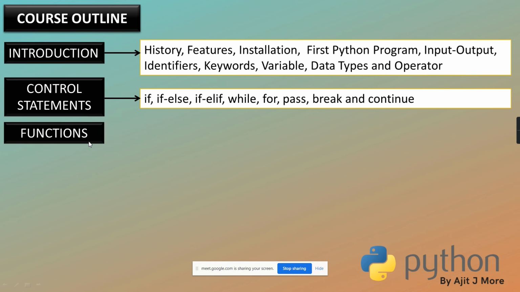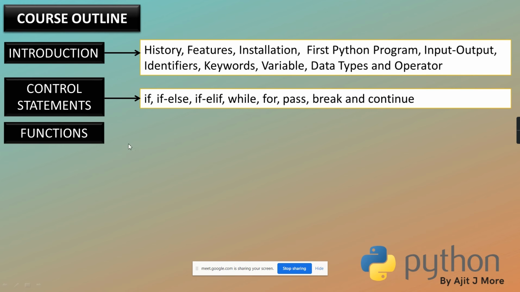In this we'll learn how to divide a bigger problem into smaller sub-problems, and for each sub-problem write a separate function, then reuse those functions, and a lot of related topics like different ways of passing parameters, scope rules, recursion, lambda functions.